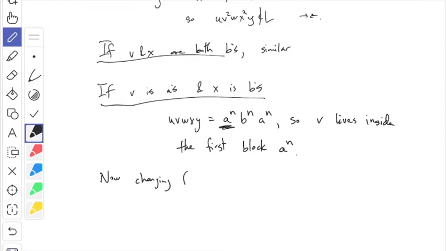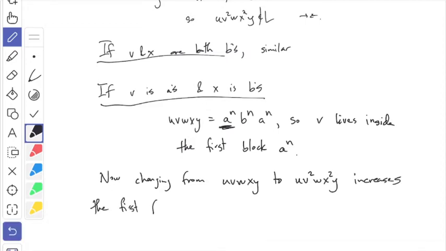So now I will try to say something like that. Changing from UVWXY, when we pump it, to UV squared WX squared Y, this increases the first block of A's. That's because of the V, right?